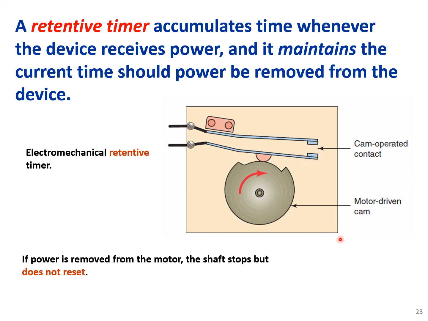However, if we stop the motor, and that motor should be interpreted as that signal, once we stop it, the contact will stay closed. So that down bit will stay closed, plus it will keep the time because the time is based on the position of the cam. So if power is removed from the motor, the shaft stops but doesn't reset.